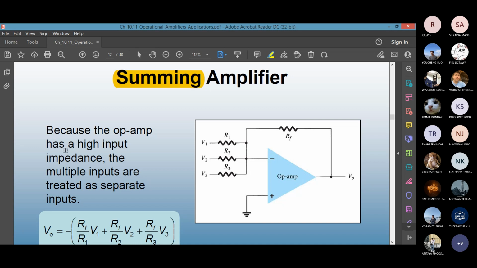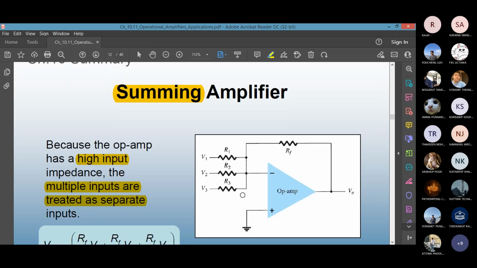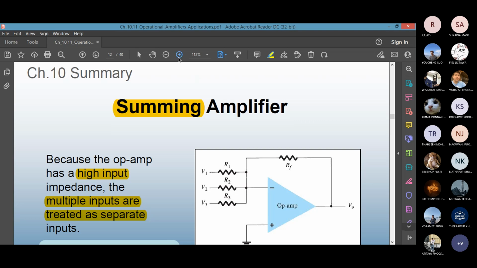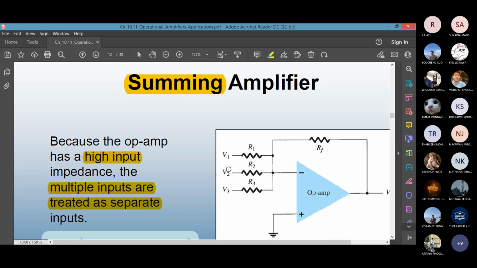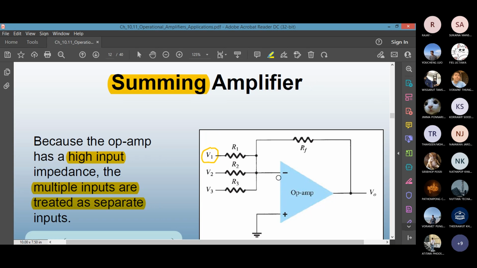Since the op-amp has a very high input impedance, if you have multiple inputs, you can treat them as separate inputs. For example, let's focus on the first input only, forget about V2 and V3. First input, we have an inverting input pin. So this is an inverting amplifier, and the first input path is here.